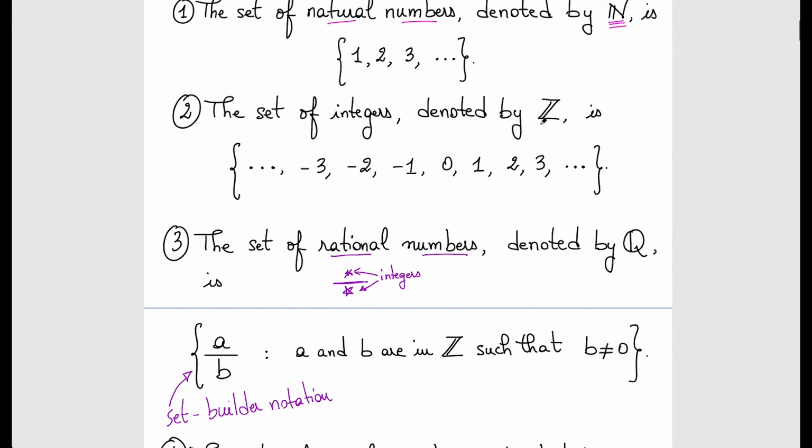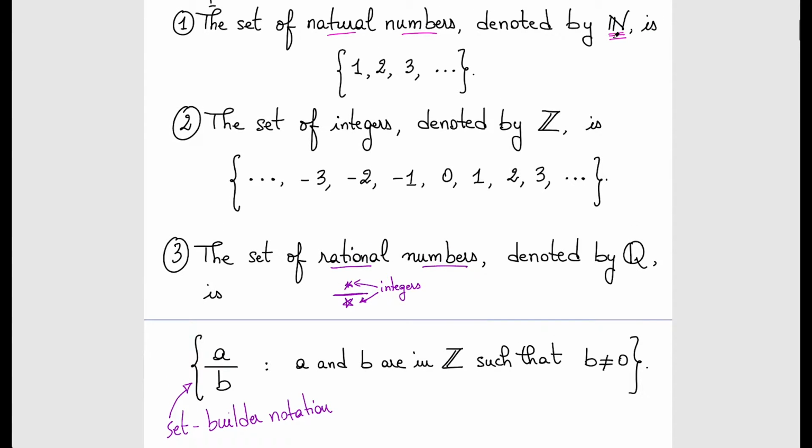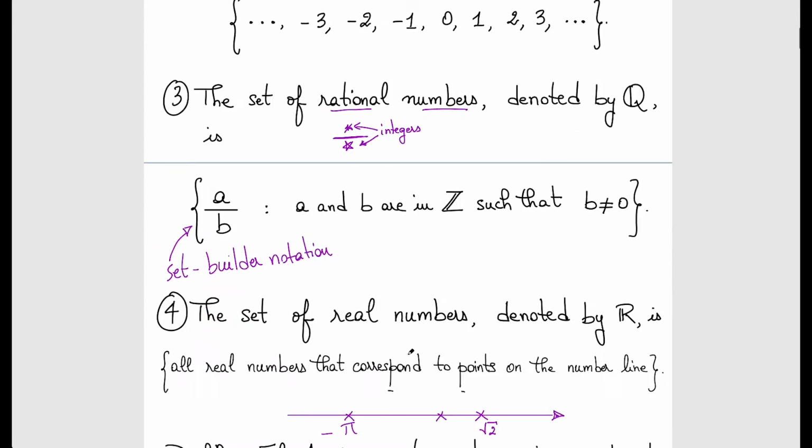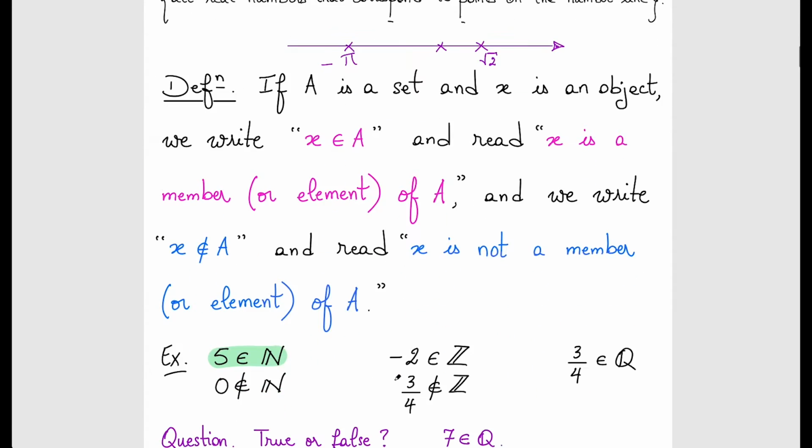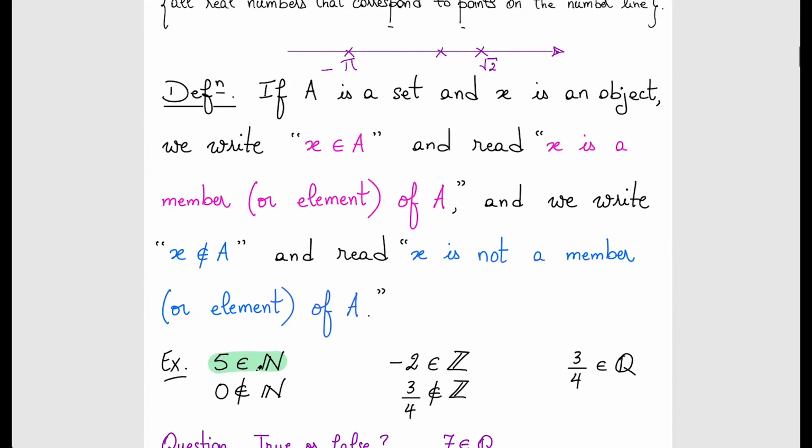And what are the objects in the set of natural numbers? They are the positive integers. So what this example is saying is that 5 is a natural number. 5 is a member of N. Is it true? Yeah, 5 is a positive integer. So this is correct.